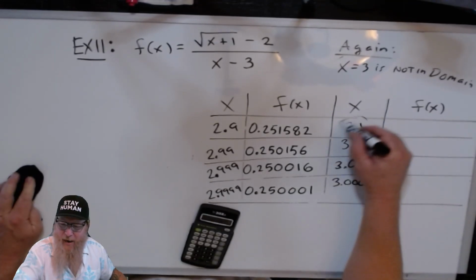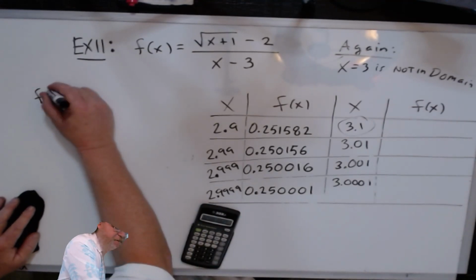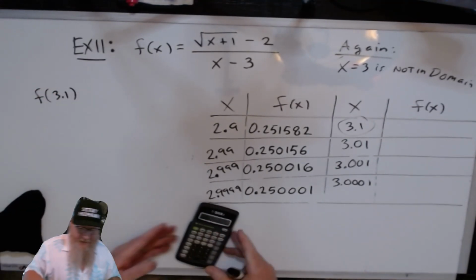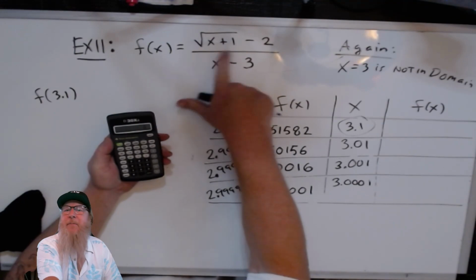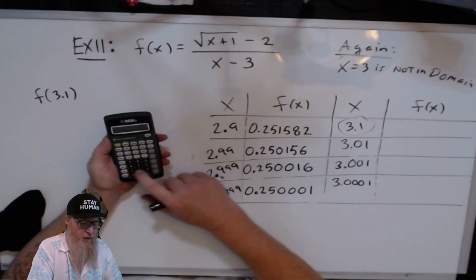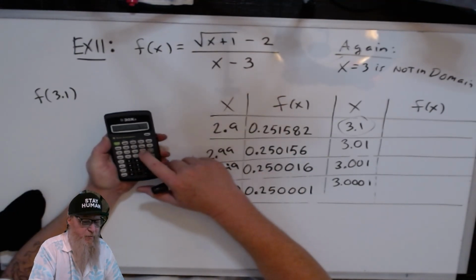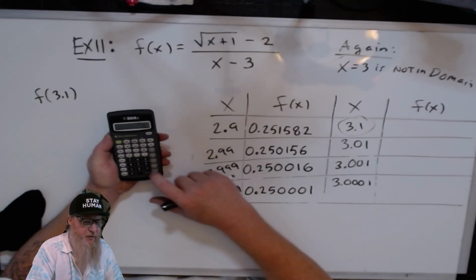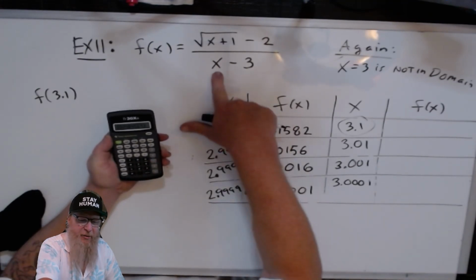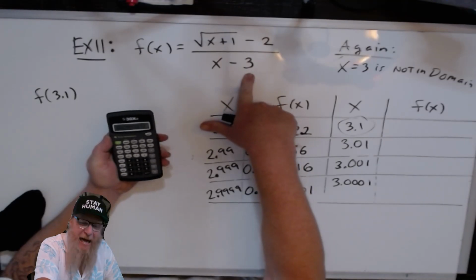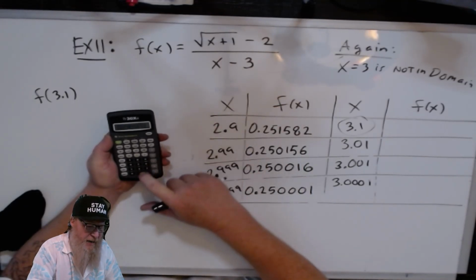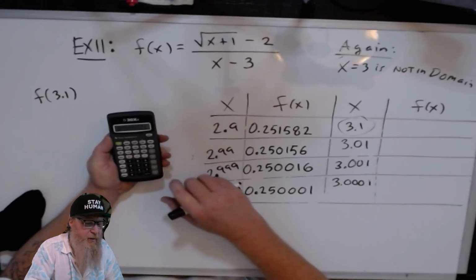So on the right-hand side, I've got f of 3.1. So 3.1 plus 1, square root, minus 2. Now 3.1 minus 3 is a positive number, so we're dividing by positive 0.1.